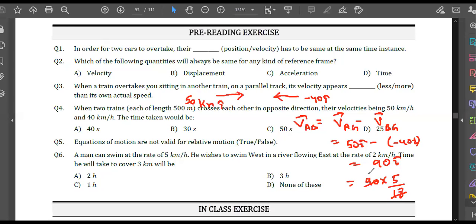So this is 10 times, this is 2 times, this is 5 times. So we have 25. Our distance is 500, so 500 by 25. Can you calculate? Wait, did I make some mistake?